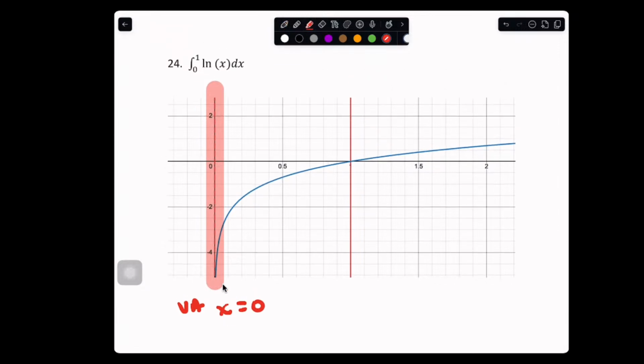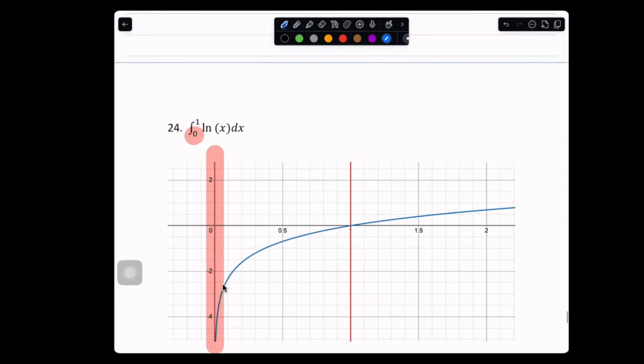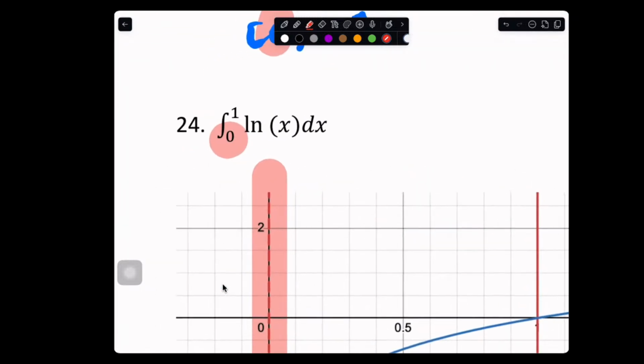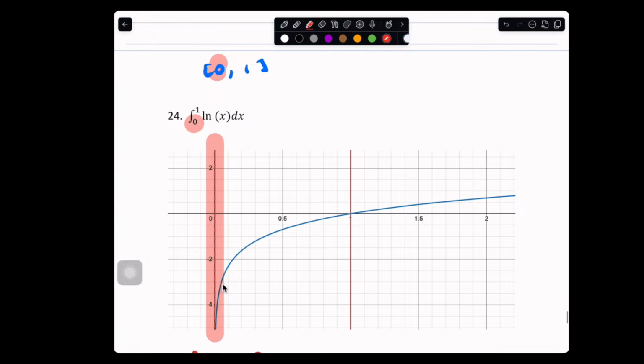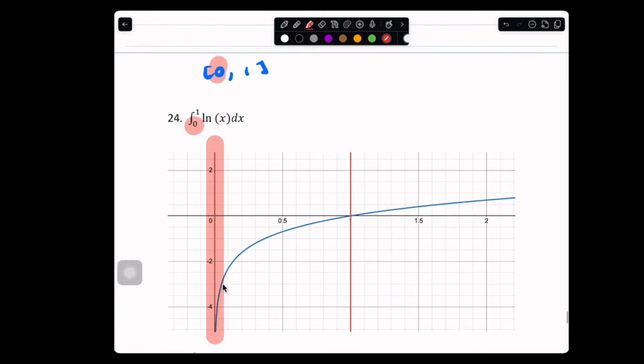So if we're looking at the interval from 0 to 1, again, we have a left endpoint discontinuity. This is for the natural log function, and you're really looking at this right here. So we do have a left endpoint discontinuity.